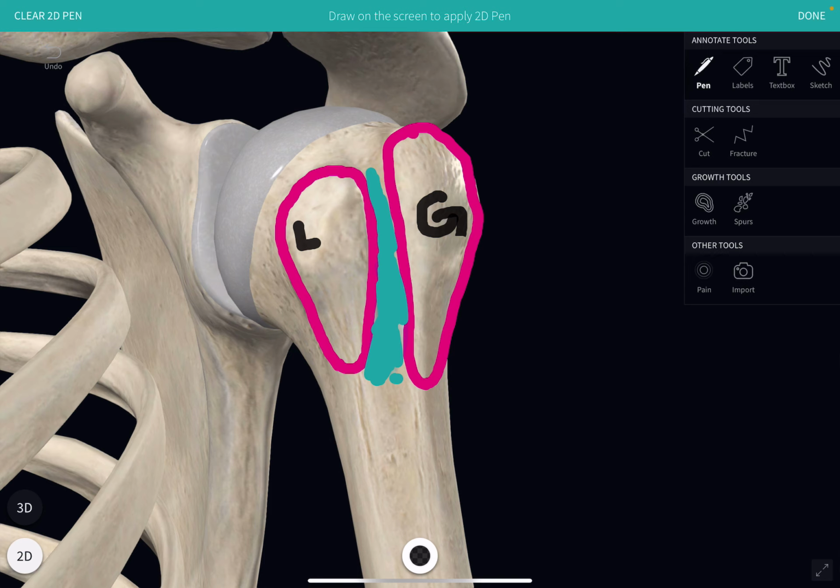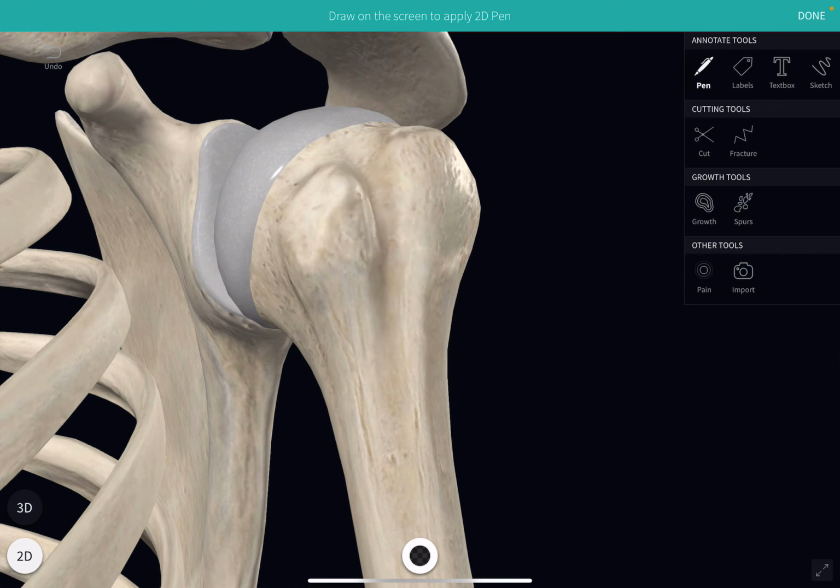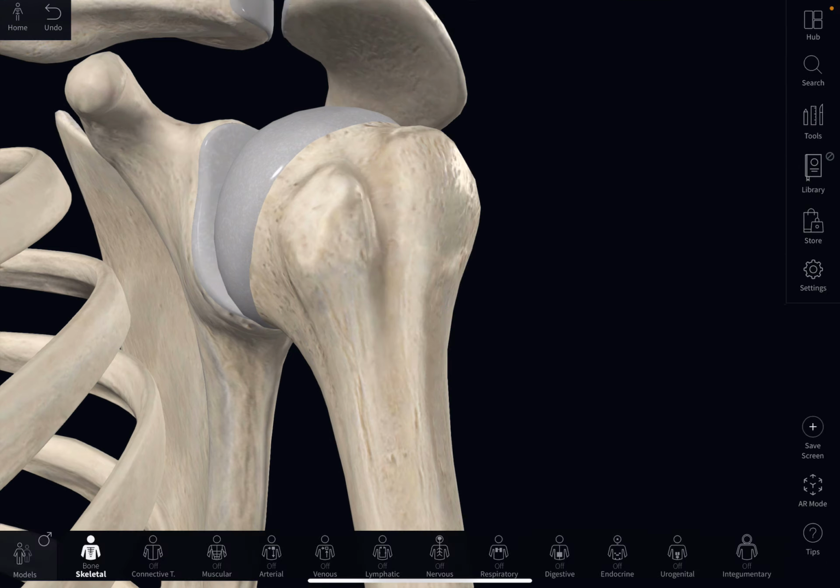Now let us look at the details of what we have in the intertubercular sulcus. Here we have some muscles attached. I believe you remember the muscles attached here. What is this muscle? This is the pectoralis major muscle. The pectoralis major muscle is inserted to the lateral lip of the intertubercular sulcus.